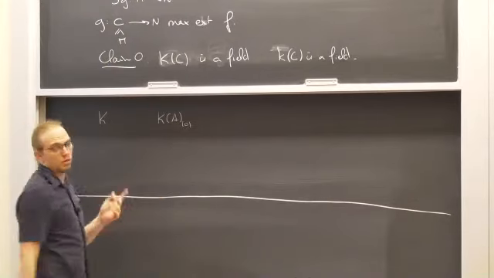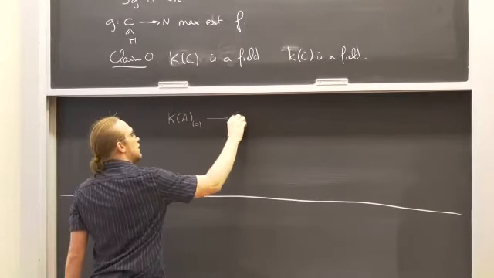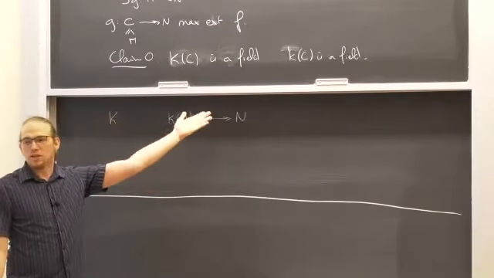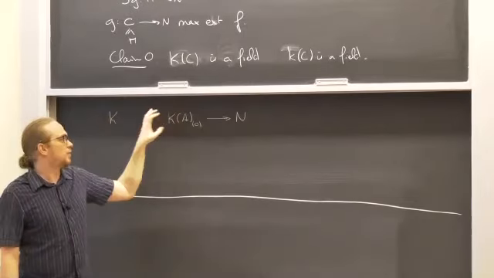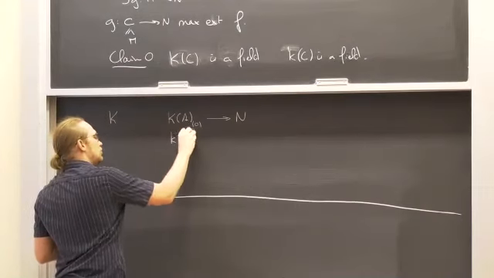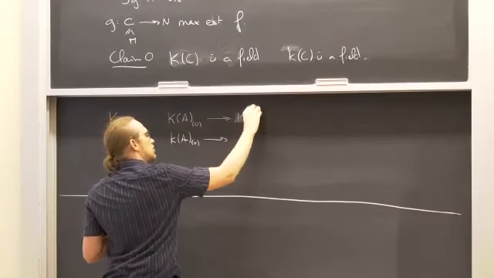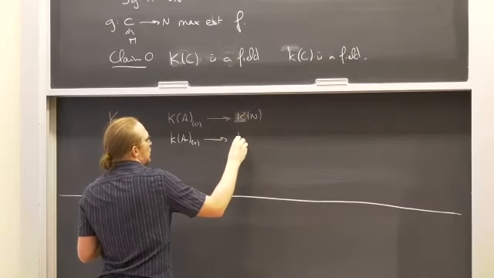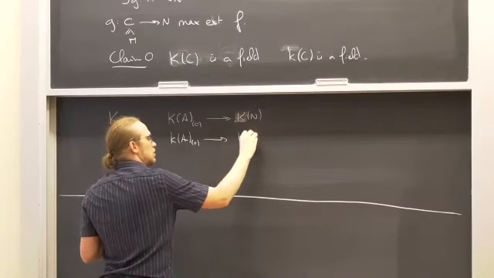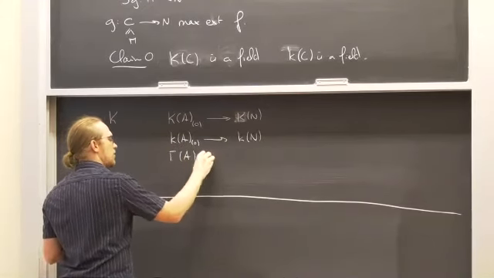So you localize at 0, and that you can clearly send into N because N is a field. So the fraction field embeds in the field. And little k, you can also localize at 0 and send into, sorry, k of N. And gamma, you don't need to touch because it's already a group.